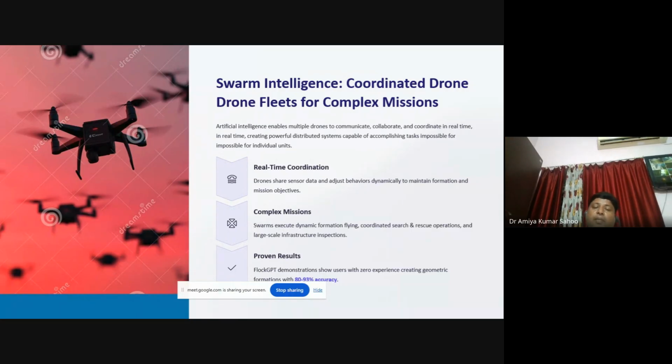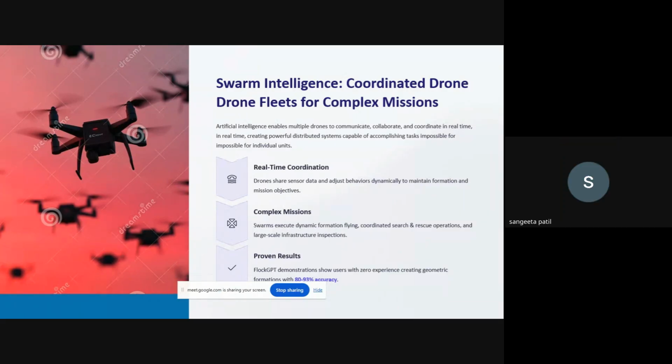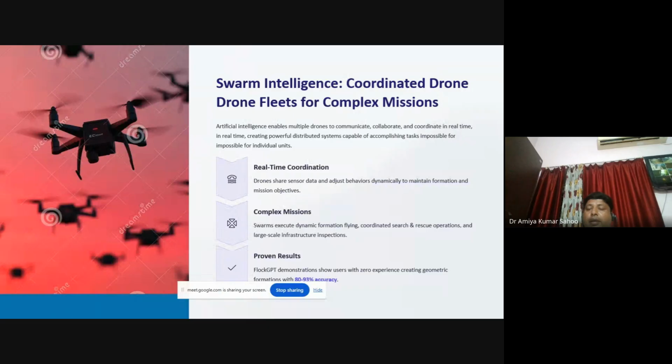In complex missions, the swarm executes dynamic formation flying, coordinated search and rescue operations, and large-scale infrastructure inspections.